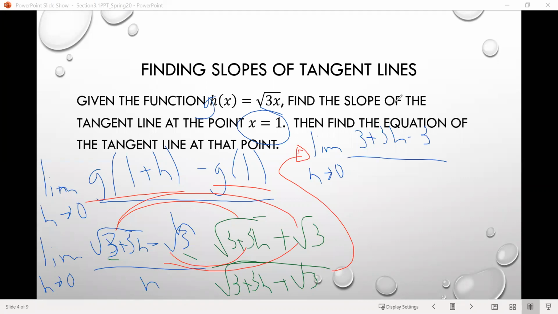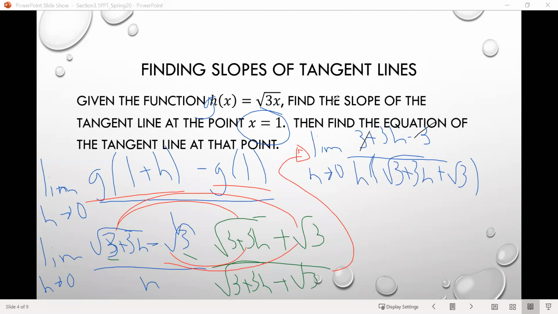And then in the denominator, we're going to just leave that as is. So we're not going to multiply that out. So do h times square root of 3 plus 3h plus root 3. And then hopefully see in the numerator now we have a positive 3 and a negative 3. Those can cancel out.